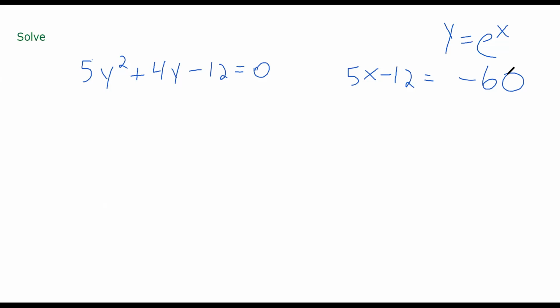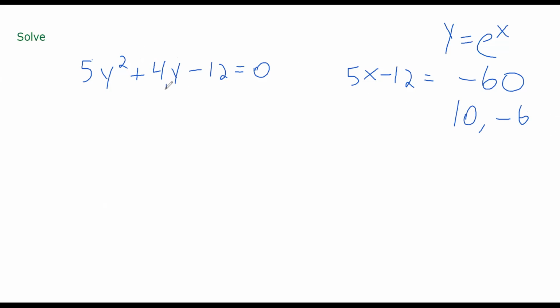So we're looking for factors of negative 60 that when added together give me positive 4. And it looks like there will be two factors that do that. It looks like 10 and negative 6 will do that. 10 and negative 6.